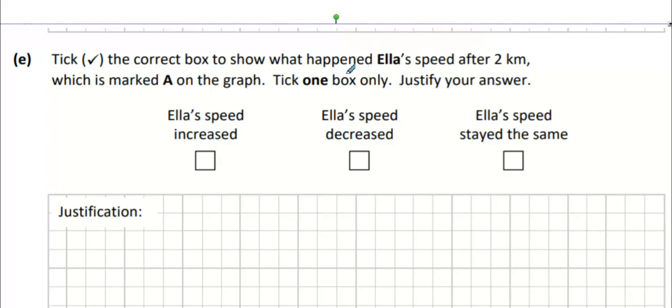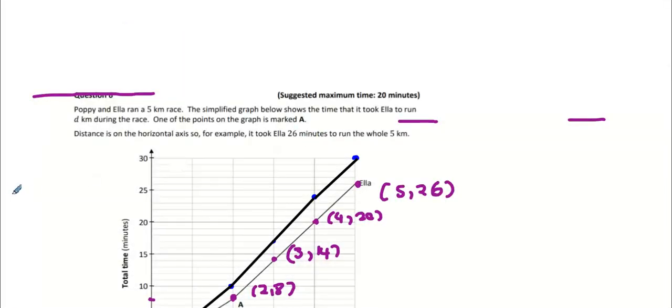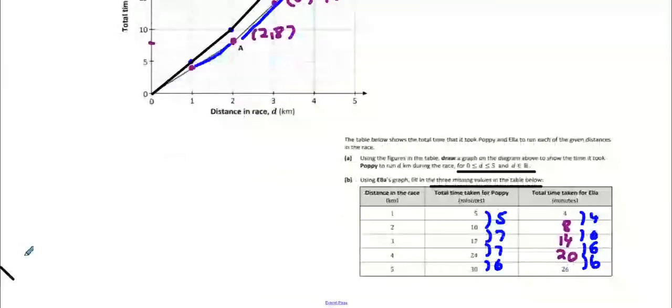Tick the correct box to show what happened to Ella's speed after 2 kilometers, which is marked on the graph. Well, we can see the steeper slope happened. So Ella was going this fast, now increased her speed upwards.